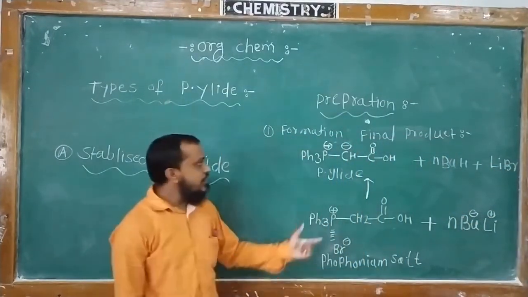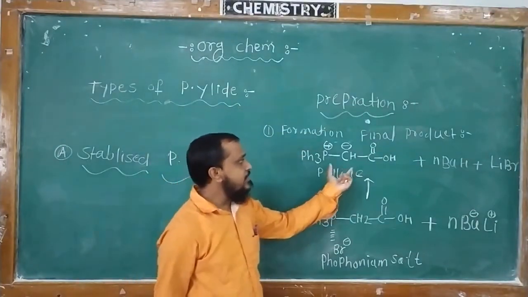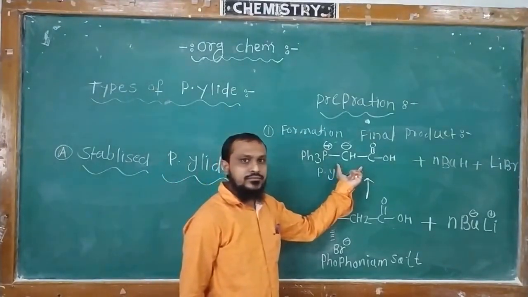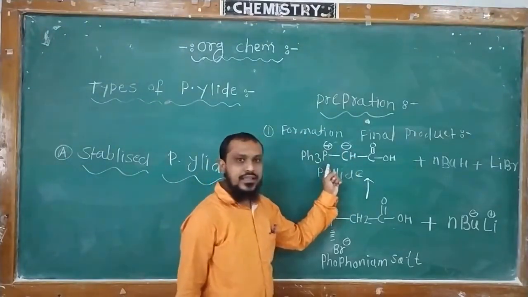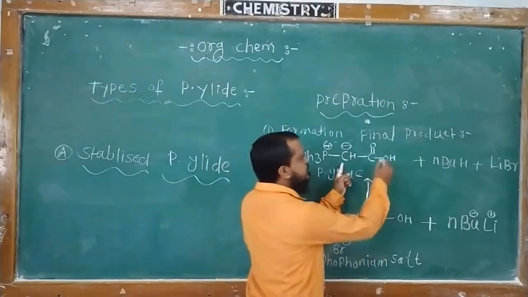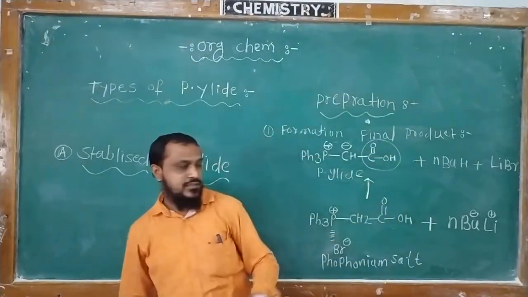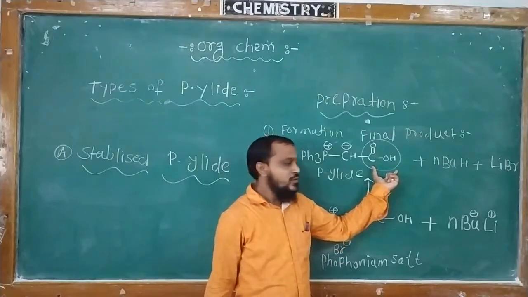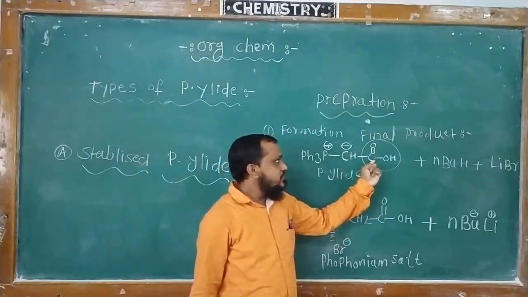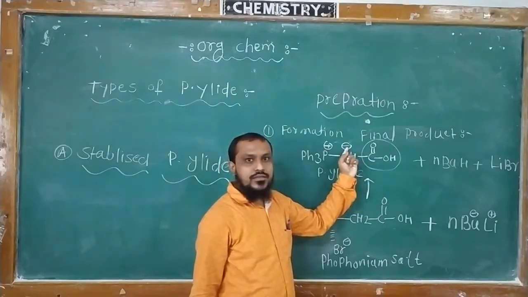When we observe the final product, phosphorus ylide, we can understand that the nucleophilic carbon atom of phosphorus ylide is attached to an electron withdrawing group. This is the carboxylic group. It is an electron withdrawing group, due to which this carbon atom is stabilized.